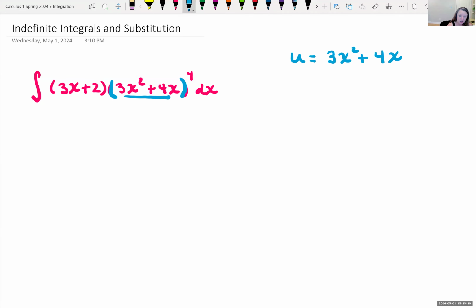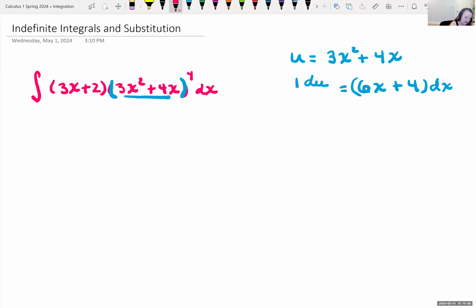When I differentiate u with respect to x, du/dx is equal to the derivative of 3x squared, which is going to give me 6x, plus 4. So du is equal to 6x plus 4, and we differentiated that with respect to x, so we're going to write dx.